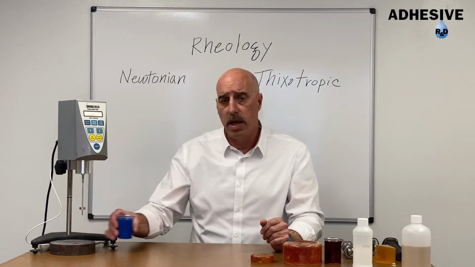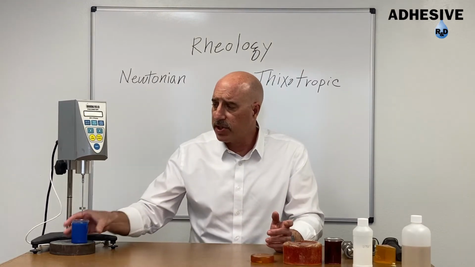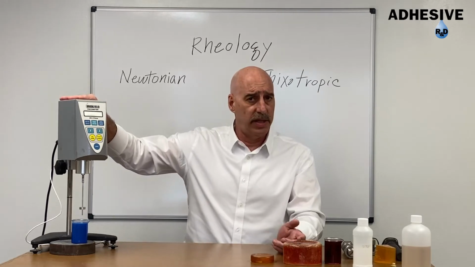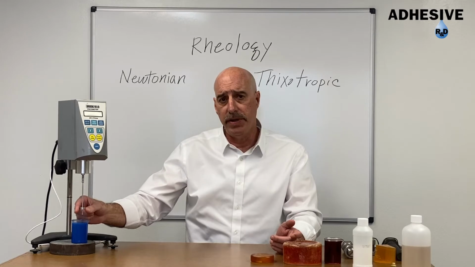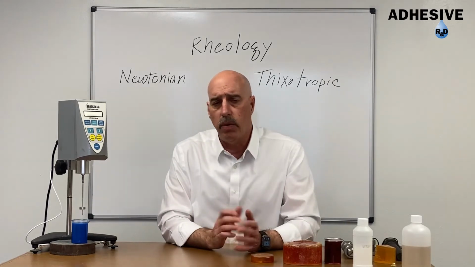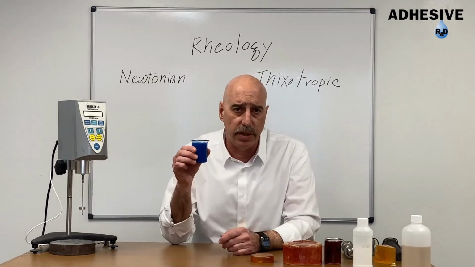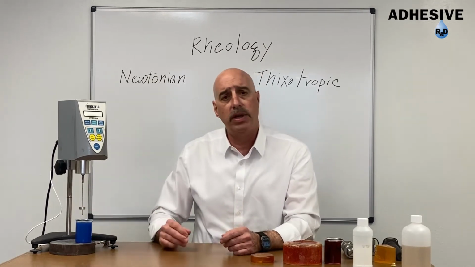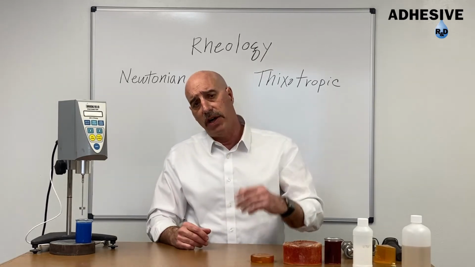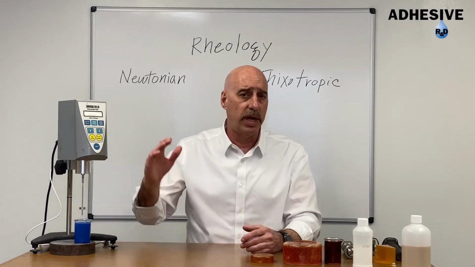So if I take thixotropic blue thread locker and I use a viscometer to measure the viscosity of the material, what we'll do is we'll run this spindle at different head speeds. And when I do that, I will get two different readings for this material. If I run this viscometer at 2 RPMs, I will get a very high value, and if I run the viscometer at 20 RPMs, I will get a lower value.